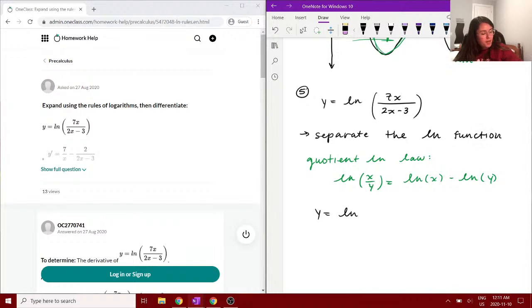We have two values divided by each other. So if you imagine this as the x here, and this term as the y here, then we can write it easily like this: ln 7x minus ln of the denominator, which was 2x minus 3. All right?